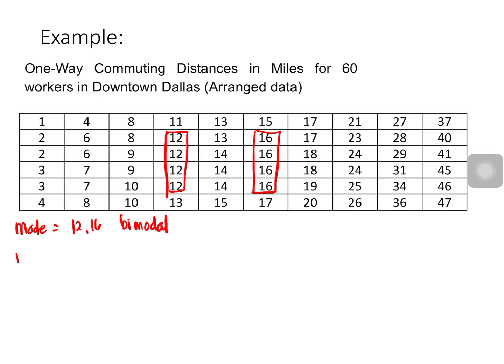Then for the median, we have there n over 2, that is 60 divided by 2, we have there 30. The 30th place or the 30th value is 15. Well, in other books, if our n is even, then we need to add the two values at the center, then divide it by 2.